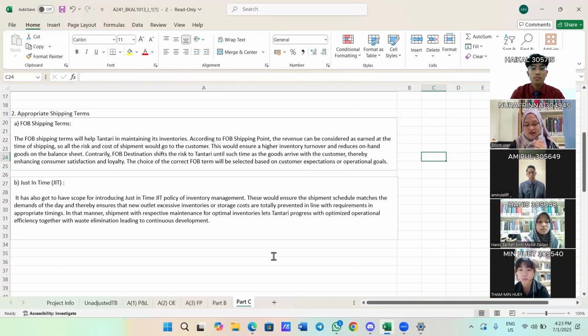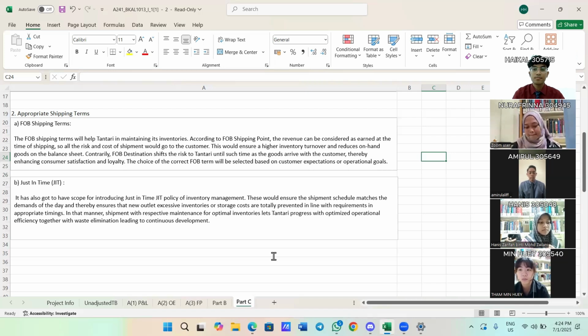So all the risk and cost of shipment would go to the customers. This would ensure a higher inventory turnover and reduce on-hand goods on the balance sheet. Contrarily, FOB destination keeps the risk with the seller until the goods arrive with the customers, thereby enhancing consumer satisfaction and loyalty. The choice of the correct FOB terms will be selected based on customers' expectations or operational goals. Okay, thank you, Afina.